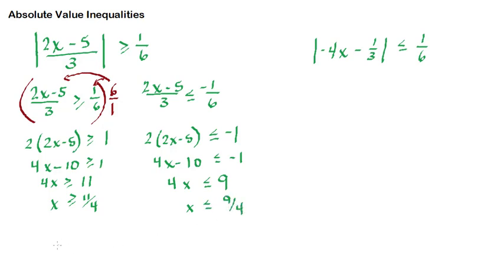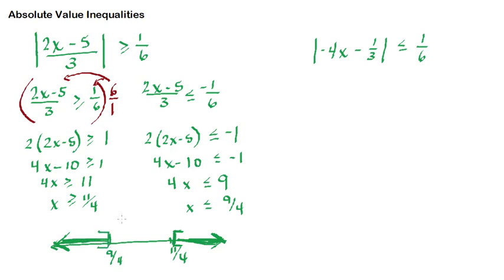Then I need to look at my number line, be sure and put these in order. 9 over 4, 11 over 4. Going to be greater than that guy, including, so I get myself a square bracket. And then less than, square bracket.